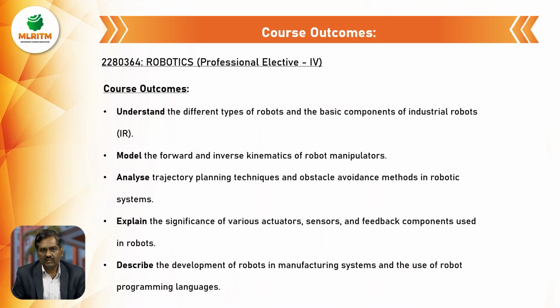The third outcome is to analyze trajectory planning techniques and obstacle avoidance methods in robotic systems. The fourth outcome is to explain the significance of various actuators, sensors, and feedback components used in robotics. And the fifth outcome is to describe the development of robots in manufacturing systems and the use of robot programming languages.